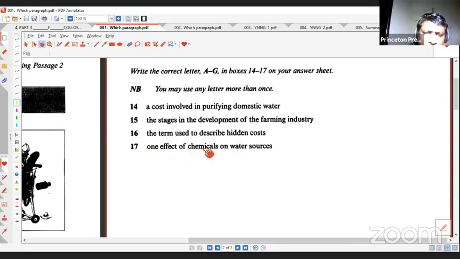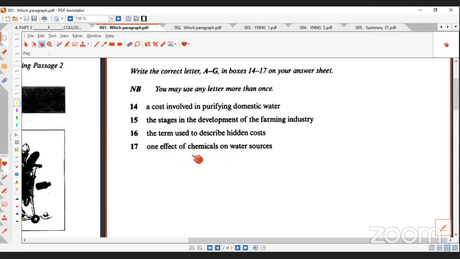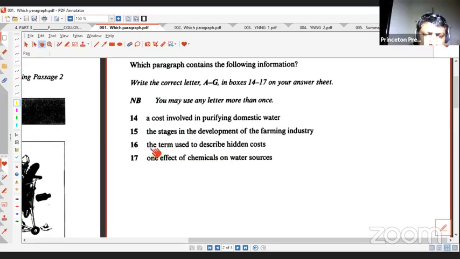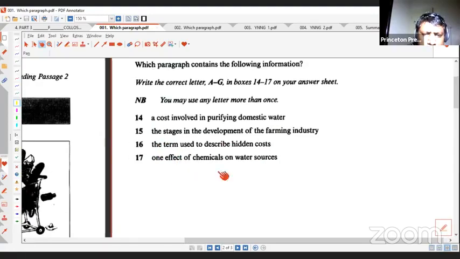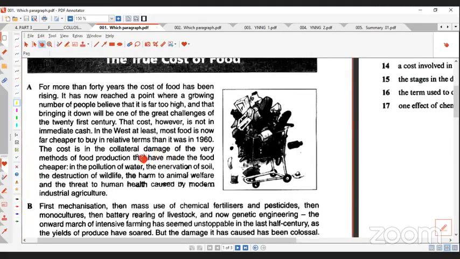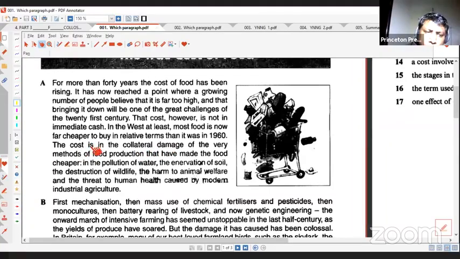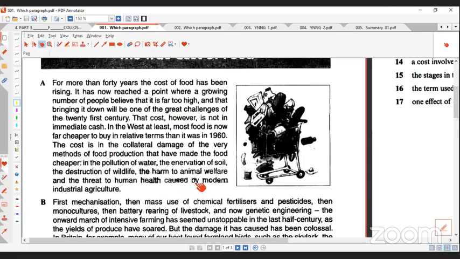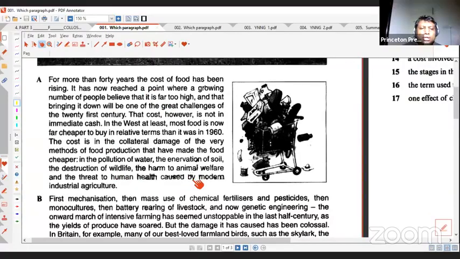No, this is one effect. The term used to describe hidden costs. Which one is the hidden cost? The cost of the collateral damage of the very methods? Not collateral. Is there any term? I don't think so.